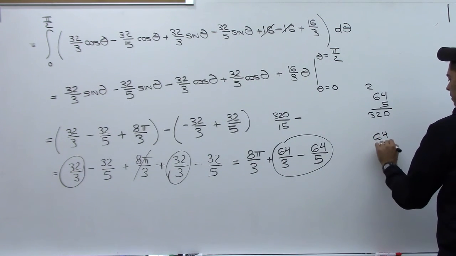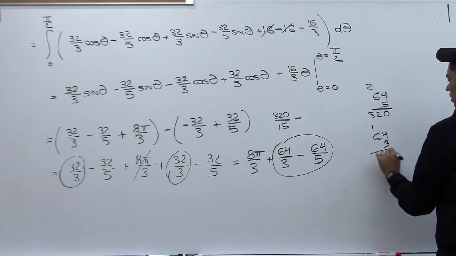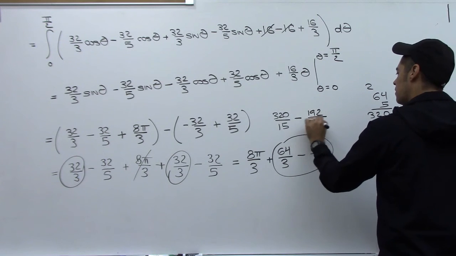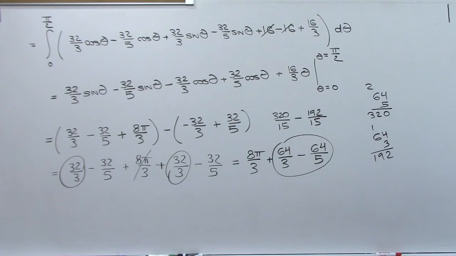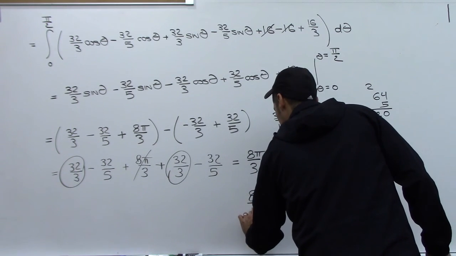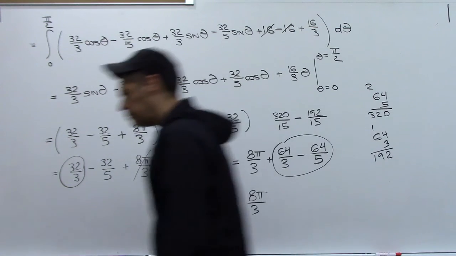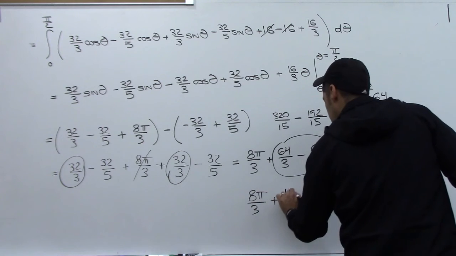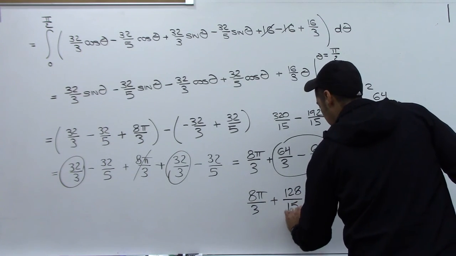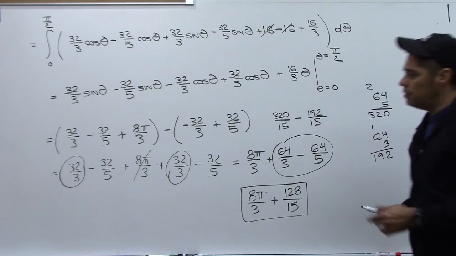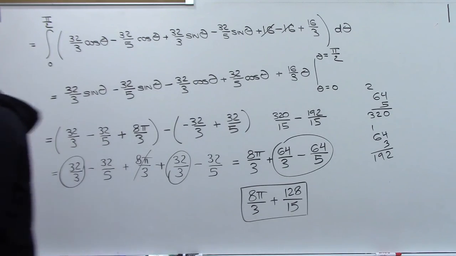Because I've multiplied top and bottom there by 3. So 192 over 15. And when you subtract, I believe you get 128 over 15. Plus 128 over 15. There we go. All right, sorry about that, pi over 2. All right, that's it for that section.